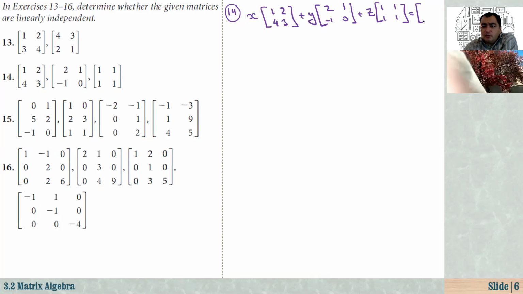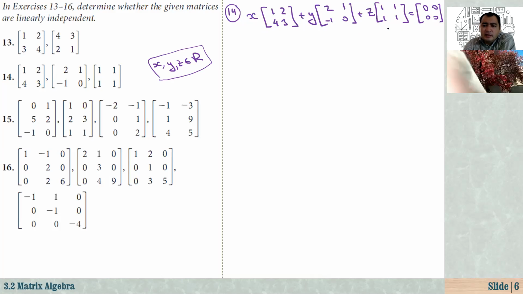Do we have any non-zero, at least one of these numbers? We are talking about this X and Y and Z. These are real numbers. Can we find such numbers where X times the first matrix, Y times the second one, and Z times the third one is equal to the 0 matrix?